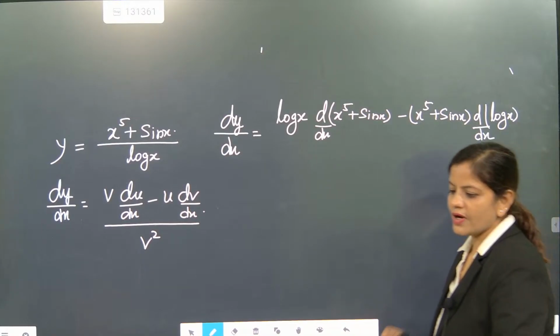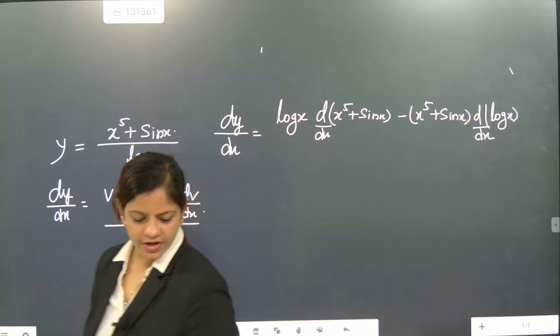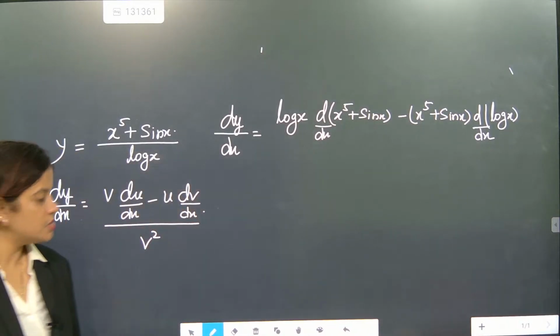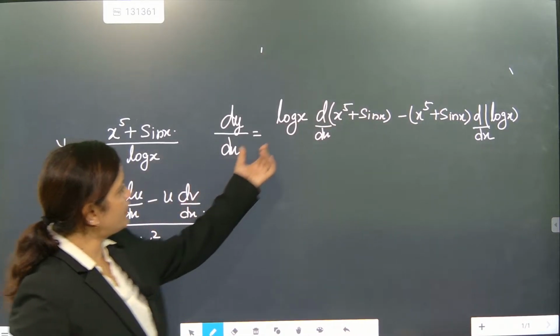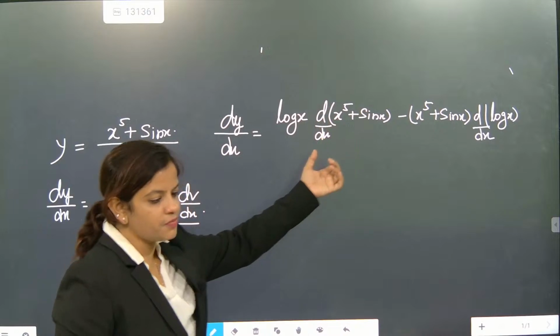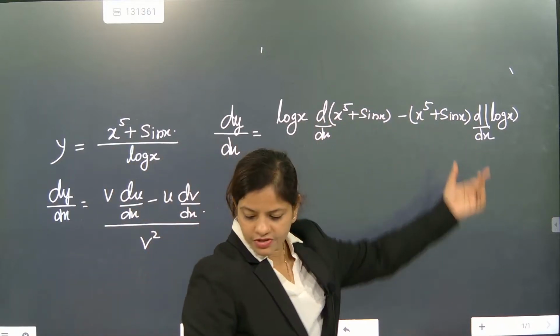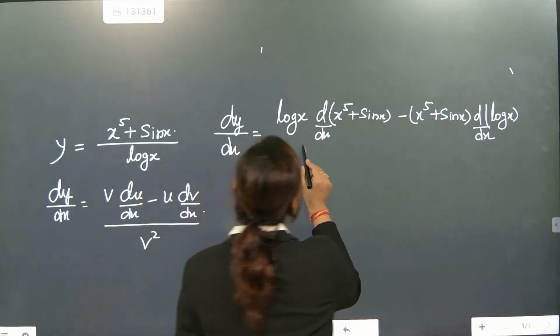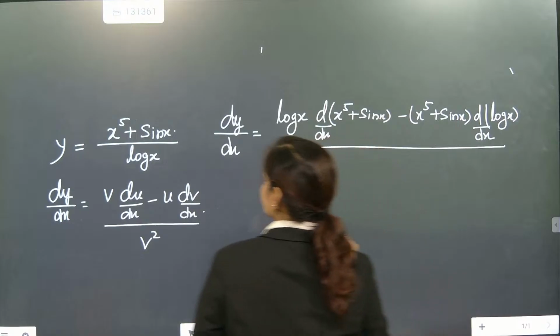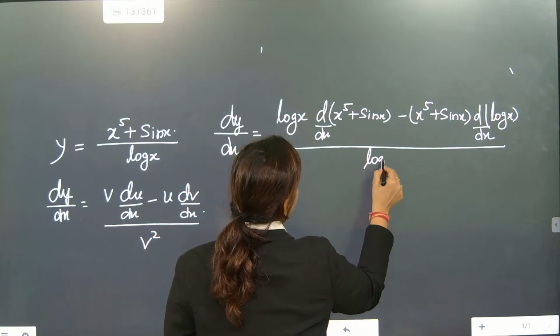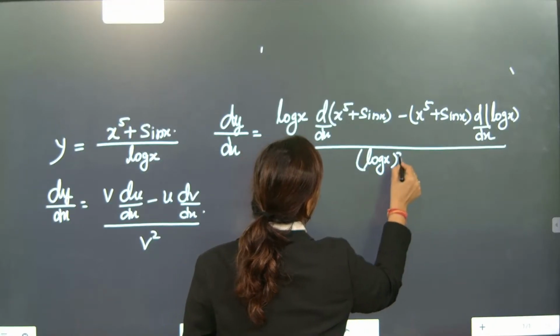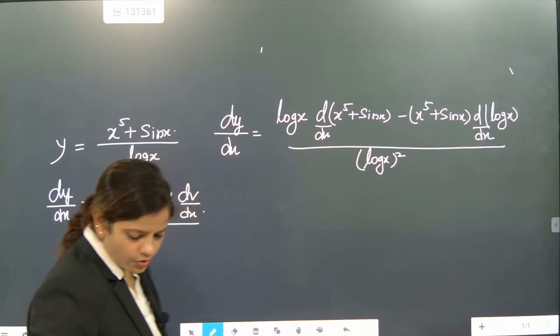You saw one part we have written and one part we have differentiated. Understood? So one part we have written, differentiated this part, minus this part, differentiated another section. Now here it is coming as log x whole square.